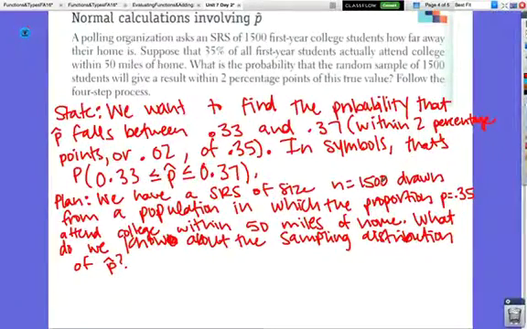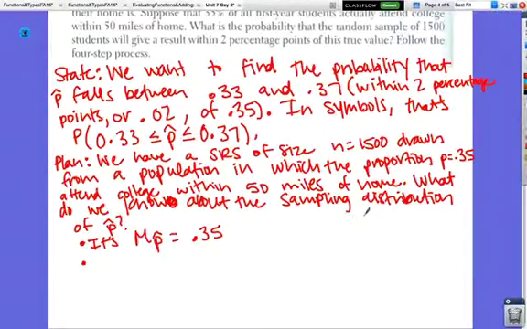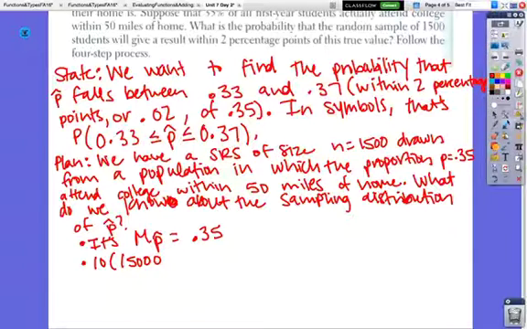All right, so things that we can tell about the sampling distribution of p hat. For one, its mean is going to be equal to 0.35. The second thing we could do is check the 10% condition. What that means is we want to make sure that if we did 10 times the 1,500, we would get 15,000.